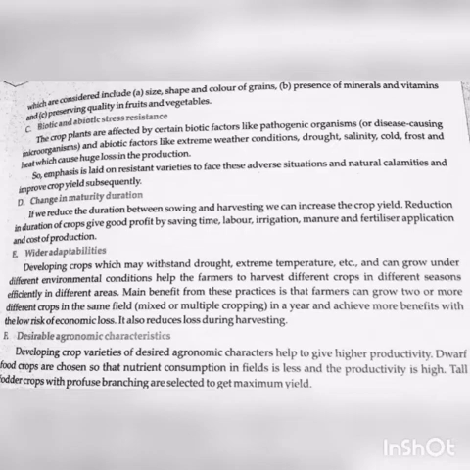If we reduce the duration between sowing and harvesting, we can increase the crop yield. Reduction in duration of the crop gives good profit by saving time, labor, and irrigation. Saving time, we get crop production and yield quickly. If the time duration for harvesting is less, then labor, irrigation, manure and fertilizer applications and cost of production will all be reduced.